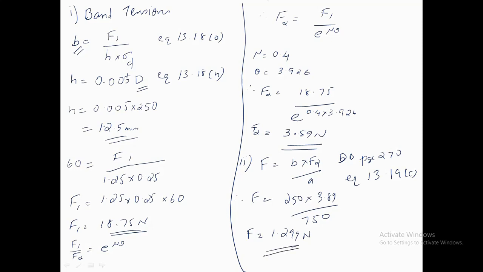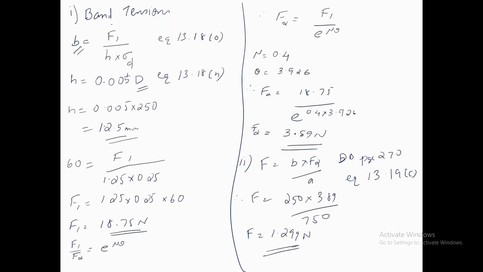Now the third part, the torque capacity. Here, torque can be calculated by either method. We have the value of F, so you can calculate Ft from the above equation 13.19C.